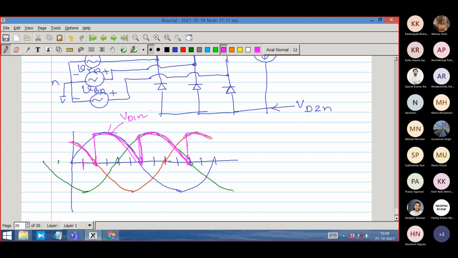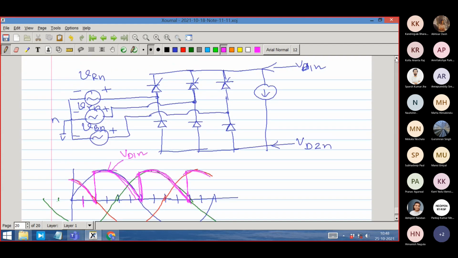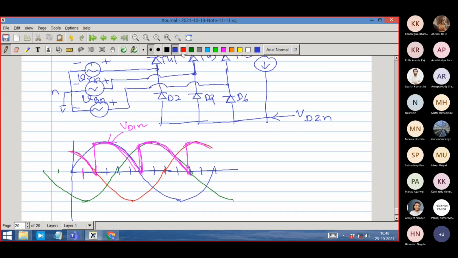And the other one, so the diodes will conduct, let me give the names of the diodes: TH1, TH3, TH5, D2, D4, D6. So we already know that this is TH1, this is TH3, and this is TH5. That is what conducts.